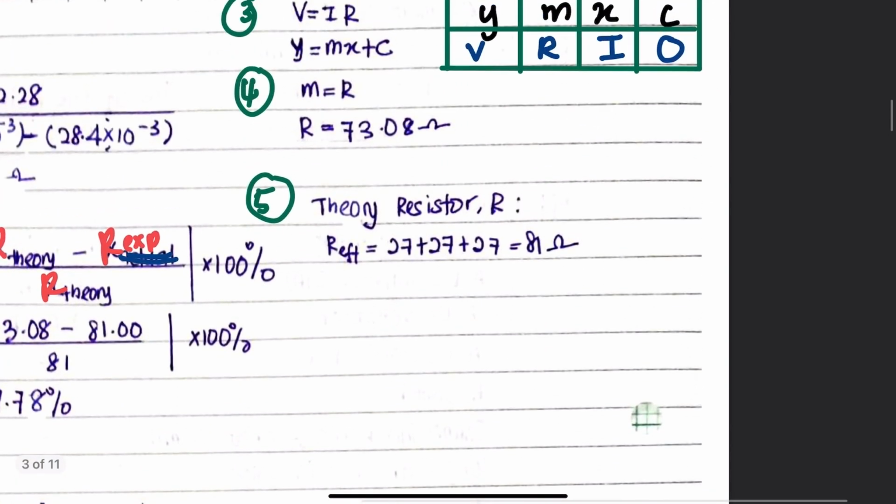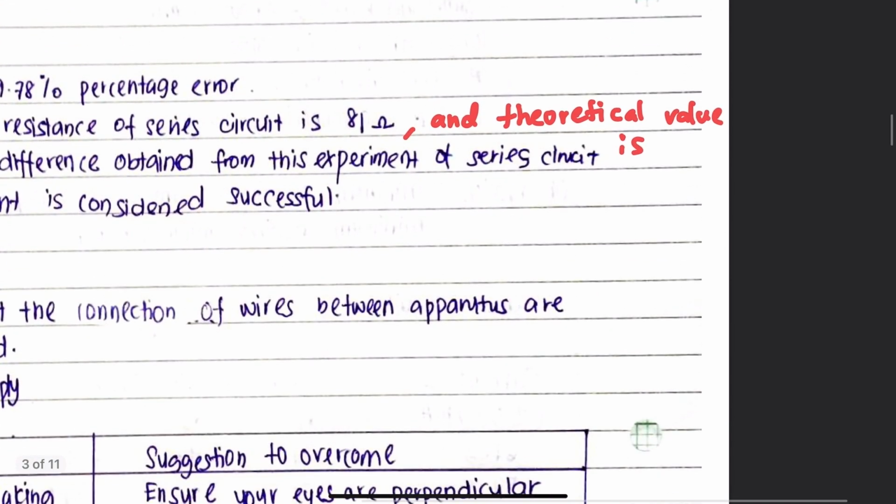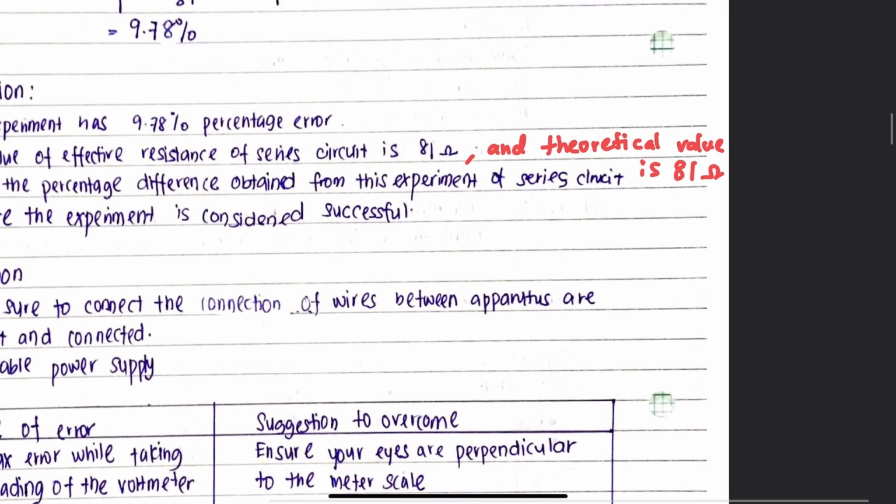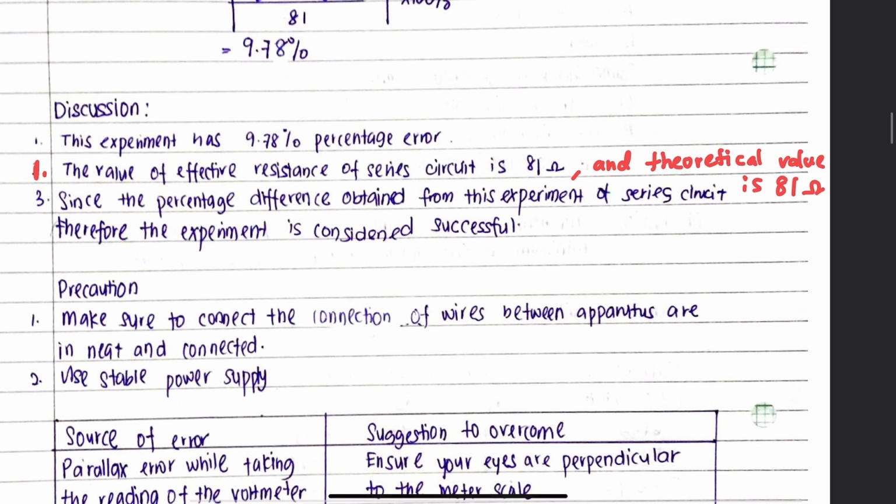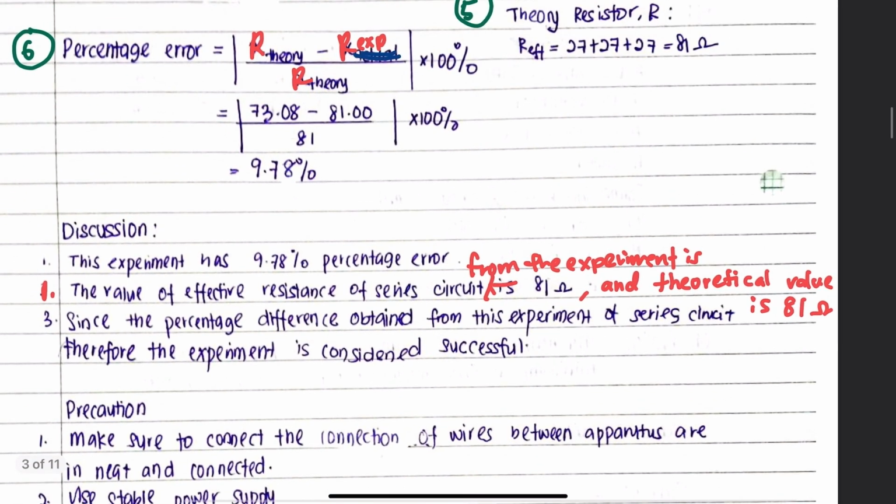In the example, theoretical is 81, so you have to state it as well. So I think the value of effective resistance of the series circuit from the experiment, or from the gradient, is 73.08.